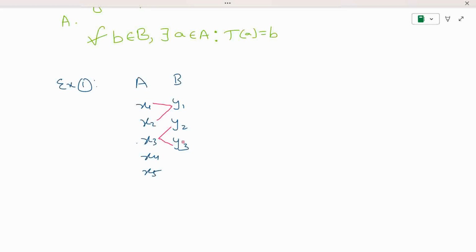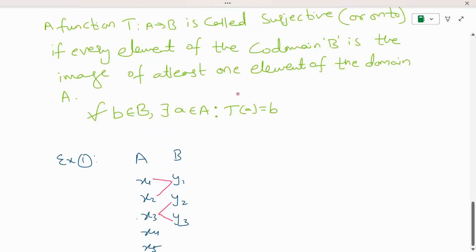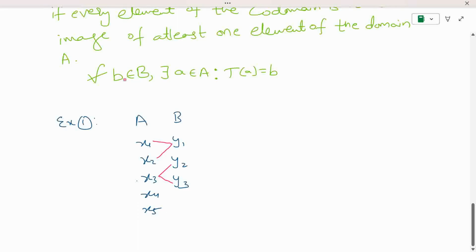Now, if we see the definition, for every b belongs to B: here we have three elements in set B, y1, y2, and y3.